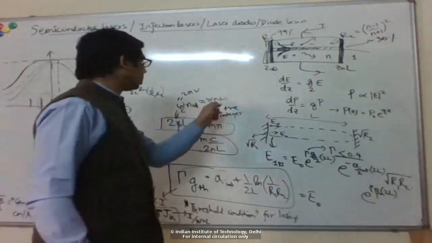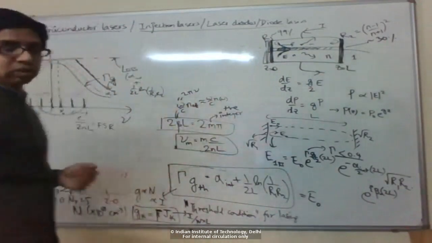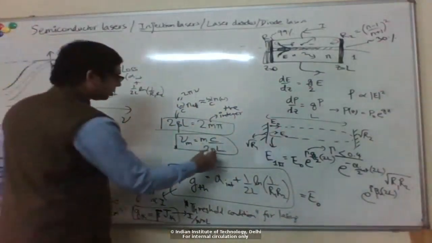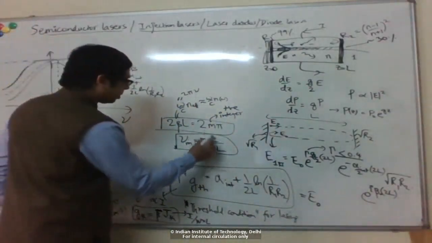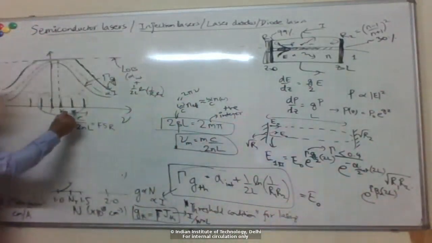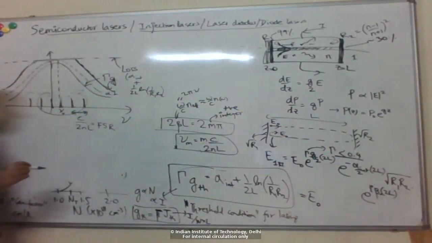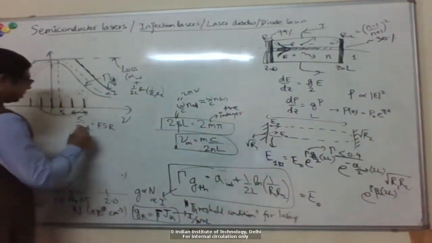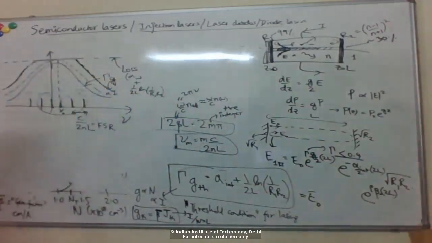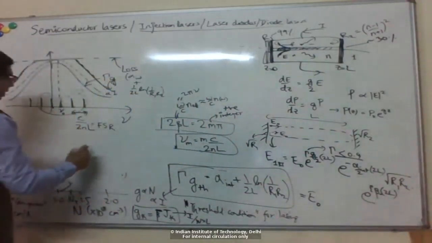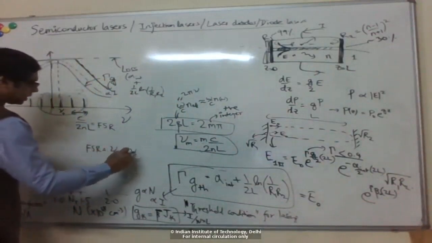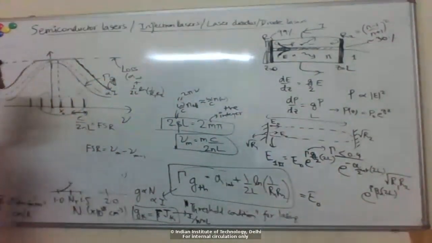So this n is not independent of frequency or wavelength. If you include this frequency dependence of the refractive index, then you have to calculate the FSR as a successive difference between successive frequencies.